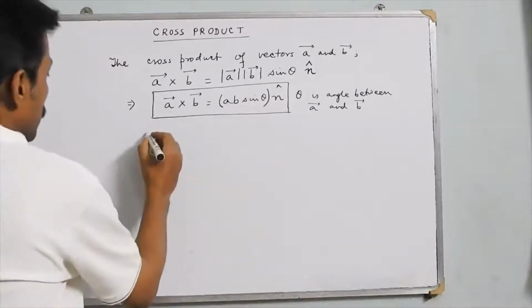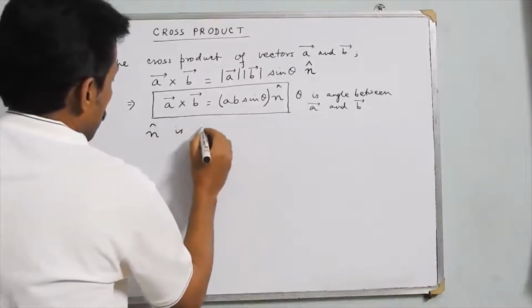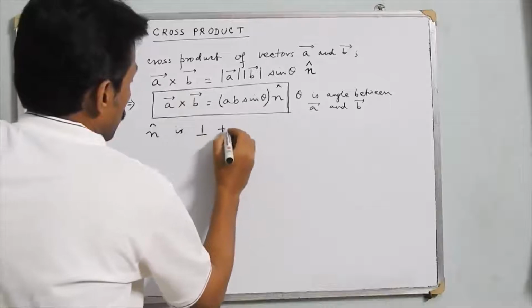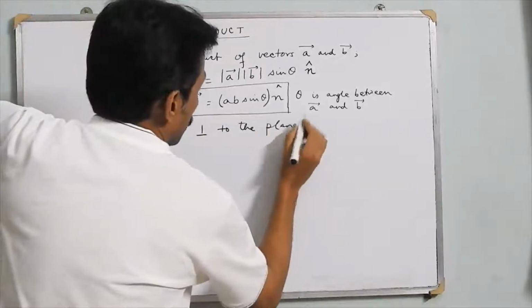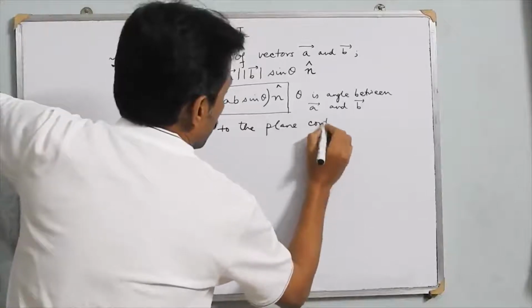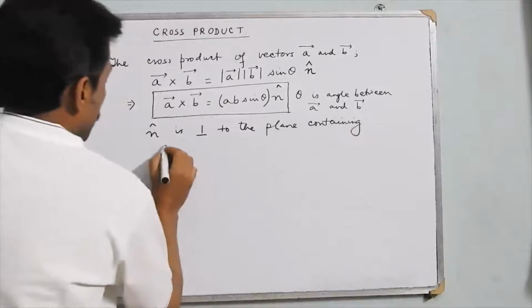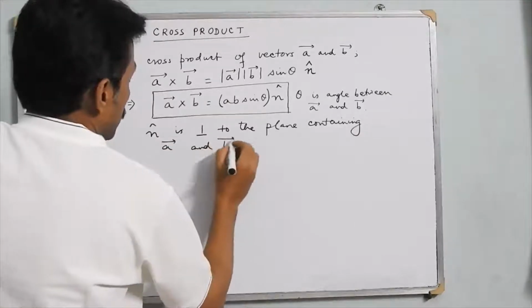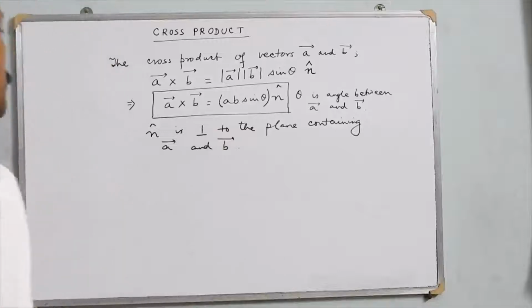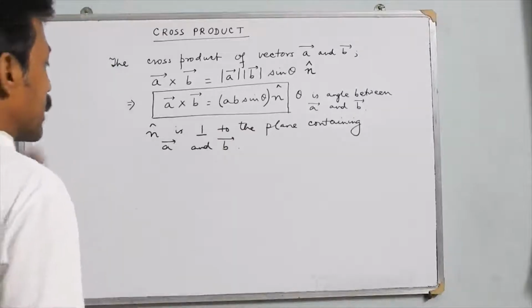This unit vector n hat is perpendicular to the plane containing A vector and B vector. So remember that this unit vector has a direction which is perpendicular to the plane containing A vector and B vector.